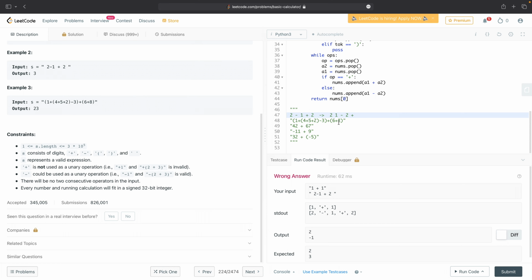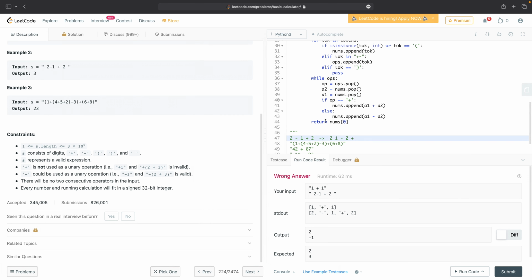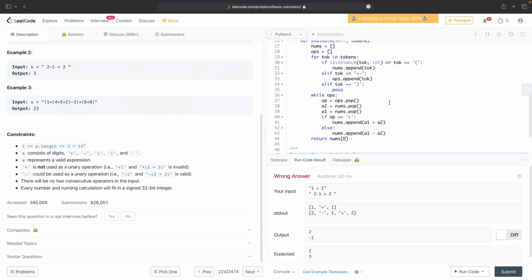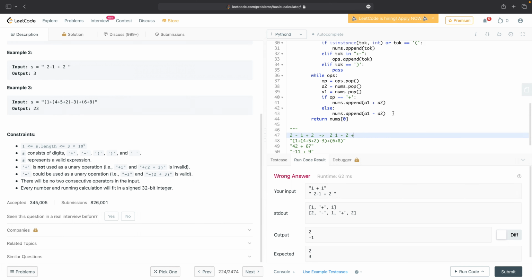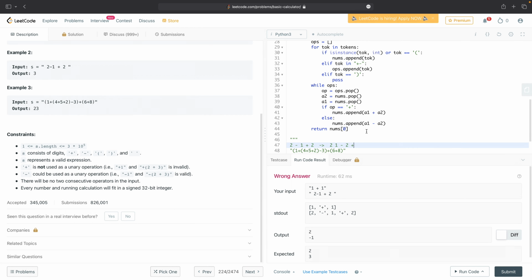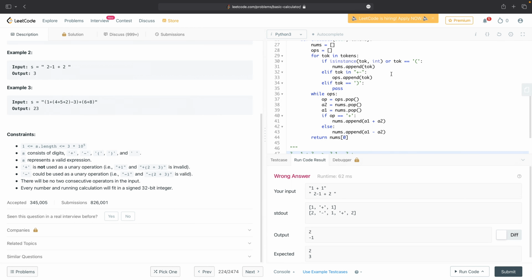So how do I do this? Maybe rather than trying to evaluate it, let's just go straight into reverse Polish notation.